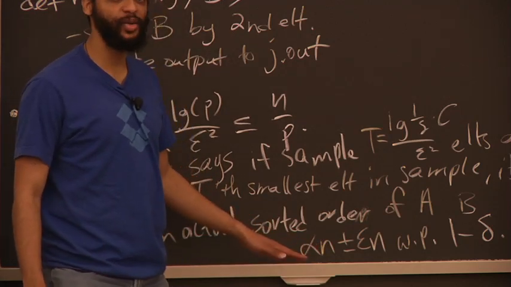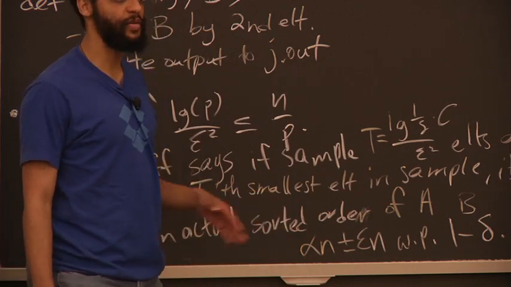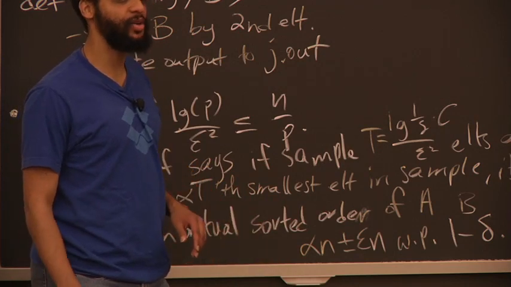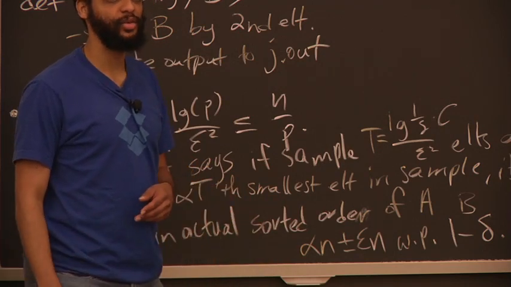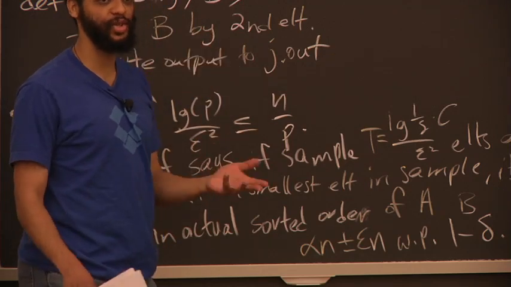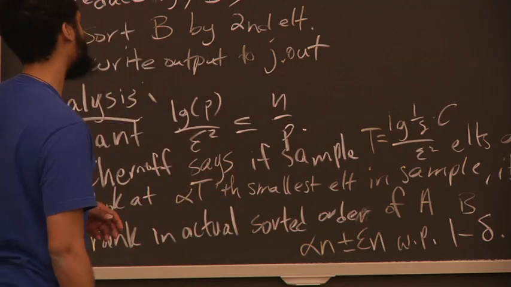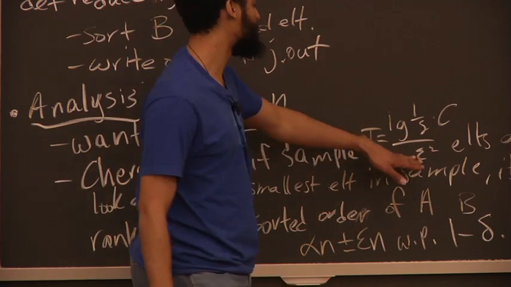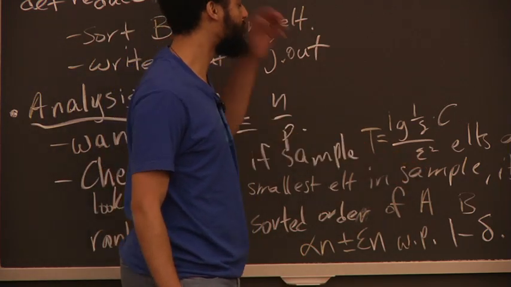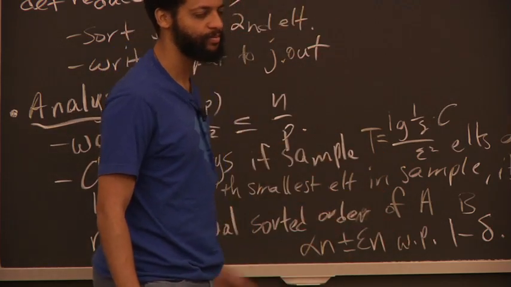Now look at everybody whose rank is less than alpha n minus epsilon n. In expectation, how many of them survive the sample? Now look at everybody who's at most alpha n plus epsilon n in the sorted order. What fraction of them in expectation survive the sample? What you can show is that by a Chernoff and Union bound, if you sample this number of people, then you'll have what you expect with probability 1 minus delta.